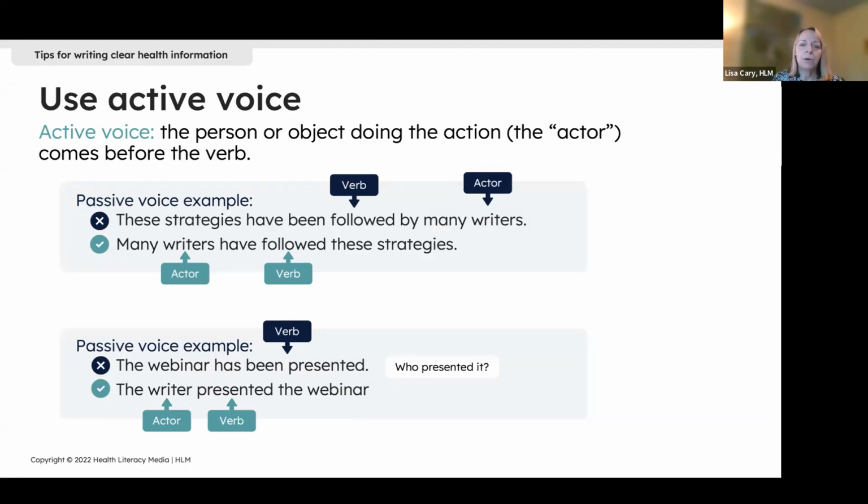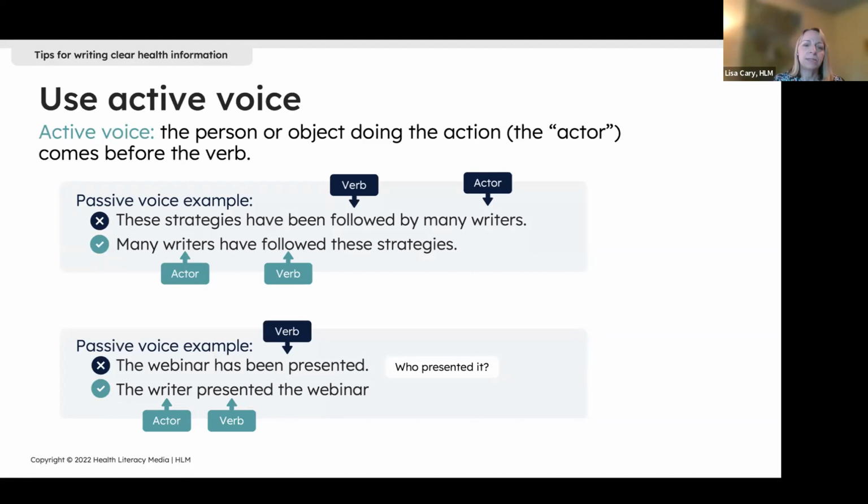You can see the verb "followed" comes before the actor. So people reading the sentence don't know who's doing what until the very last word, when they see that it's writers. Instead, the active version would be: many writers have followed these strategies. The actor comes before the verb.